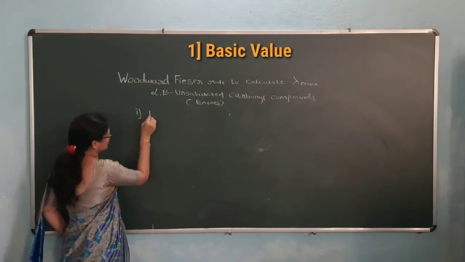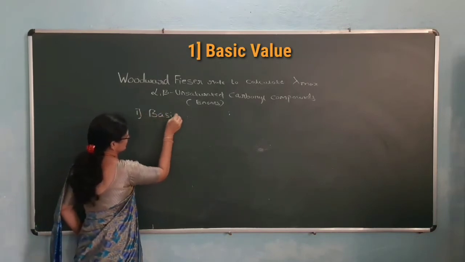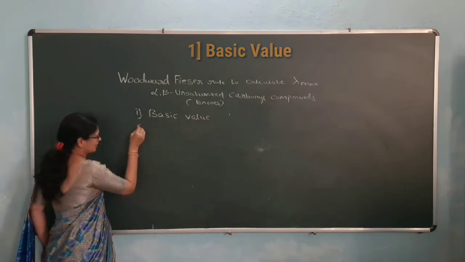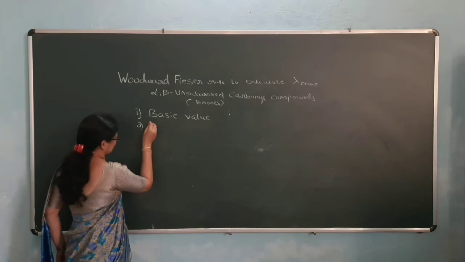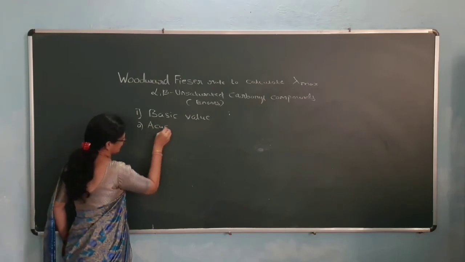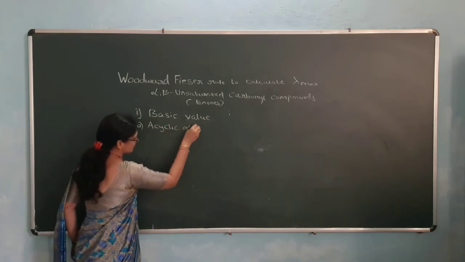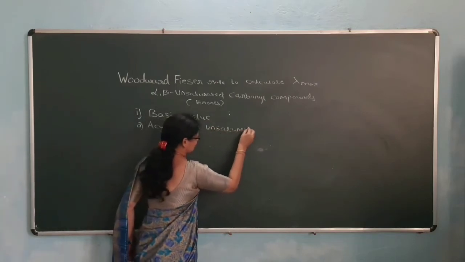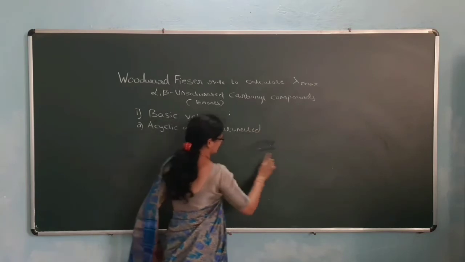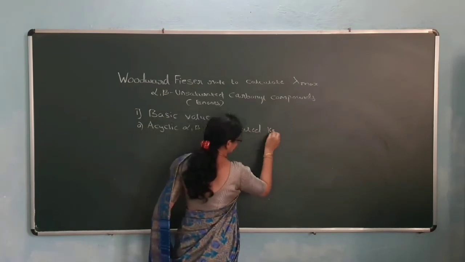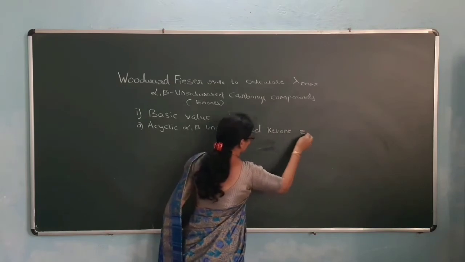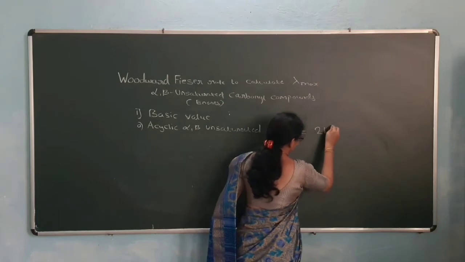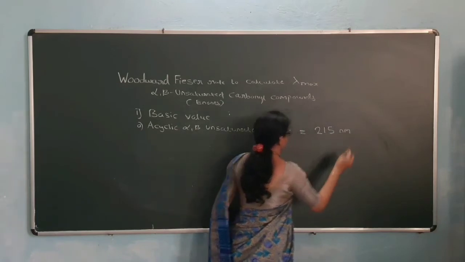First, the basic value: if it is an acyclic alpha beta unsaturated ketone, then the basic value is equal to 215 nanometer.